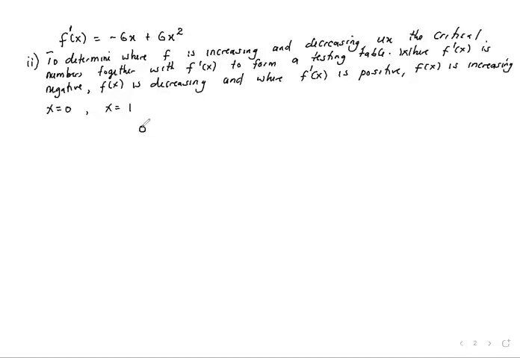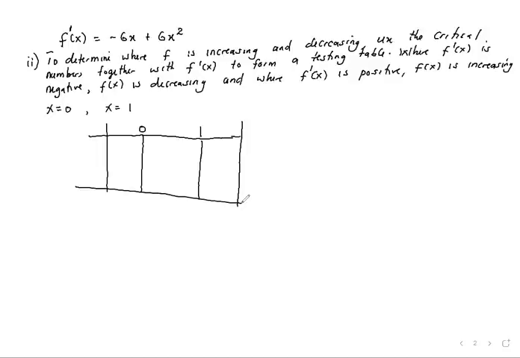We put 0 here, then we put 1 here, as if we are doing inequalities. On this table we put the derivative, f prime of x. Remember, f prime of x is negative 6x plus 6x squared.